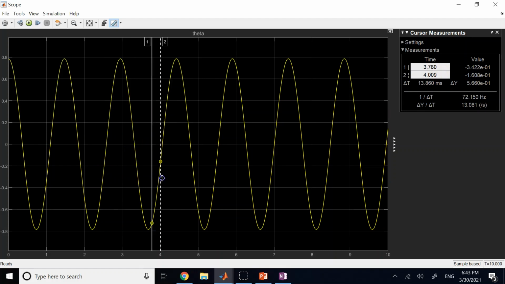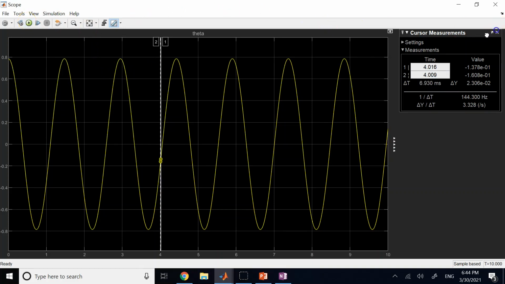I can even get this one very close to 4 seconds. And you see this one is even closer. 4.02, and the value is about negative 0.18. So I can get the values in any window that I desire and at specific points.